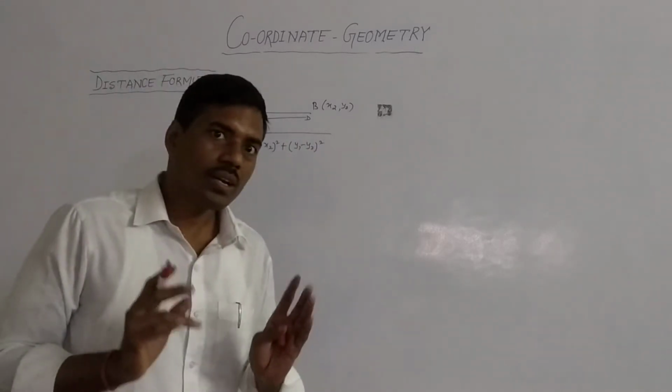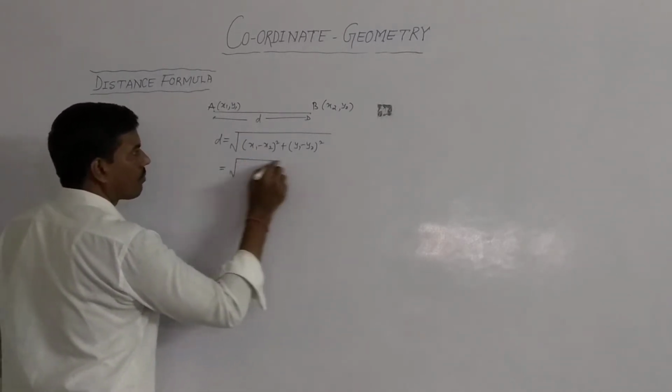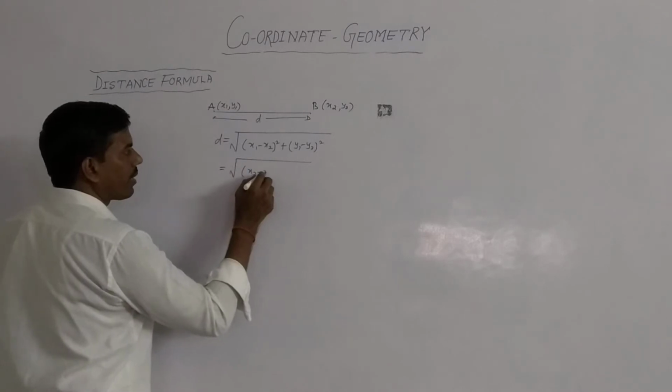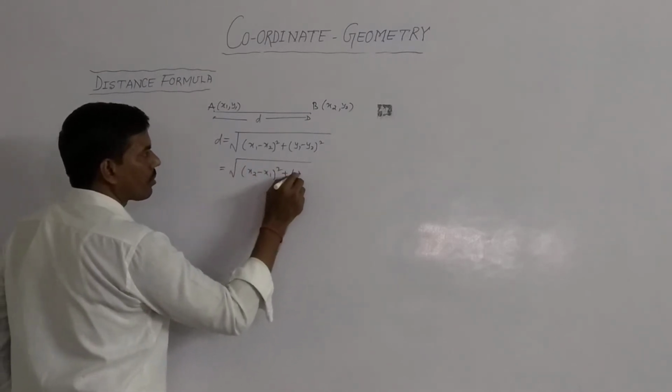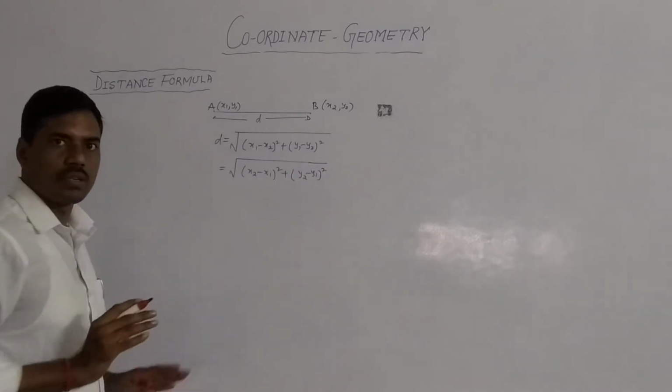We can also write it as under root of (x2 minus x1) to the whole square plus (y2 minus y1) to the whole square.